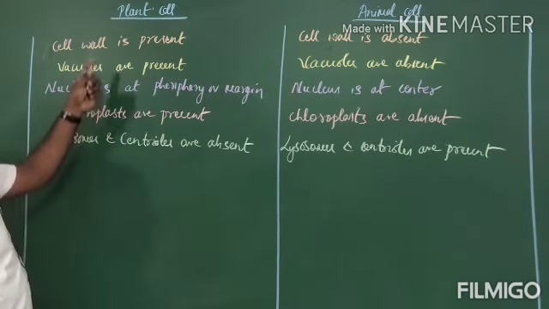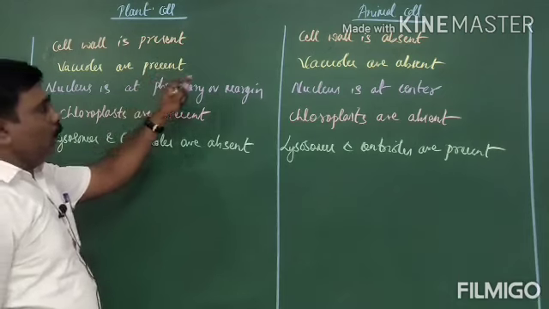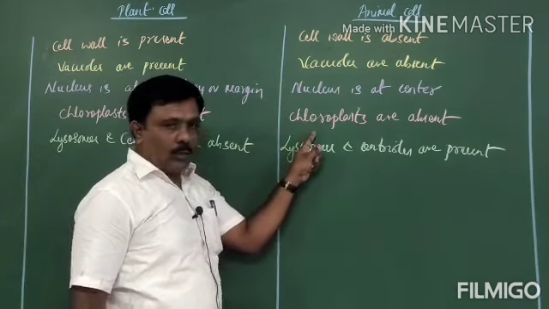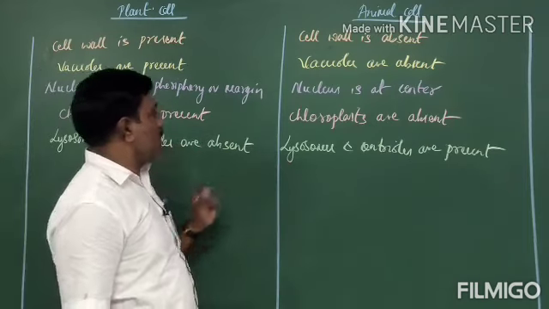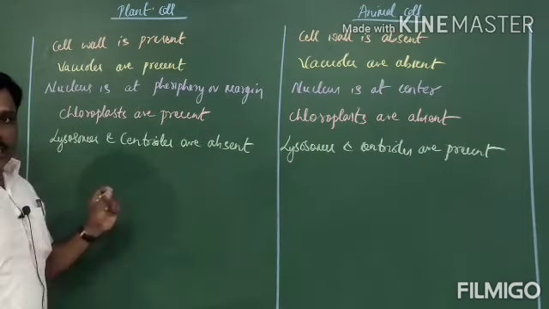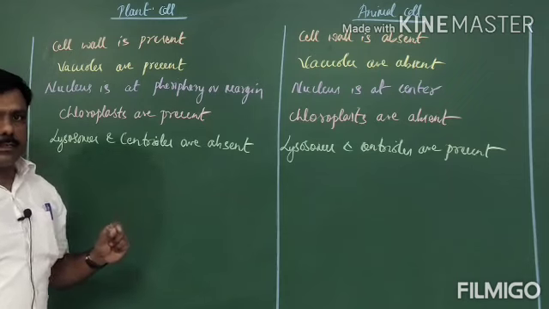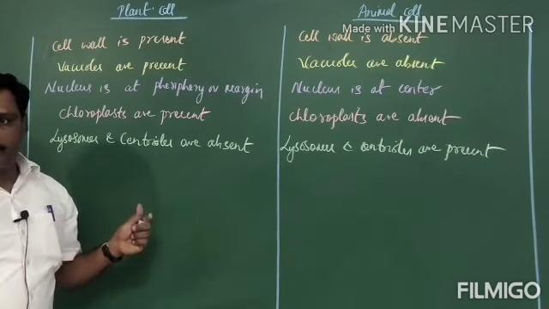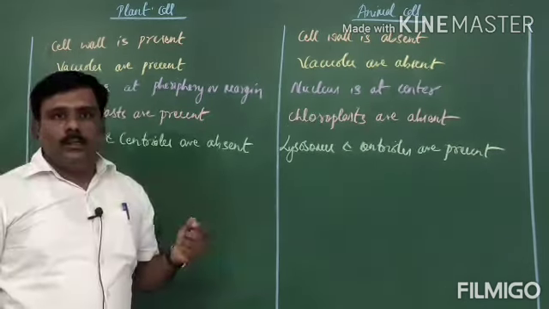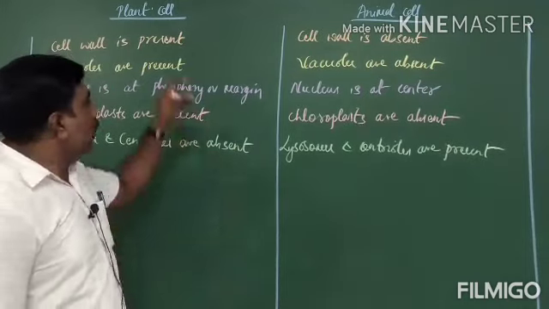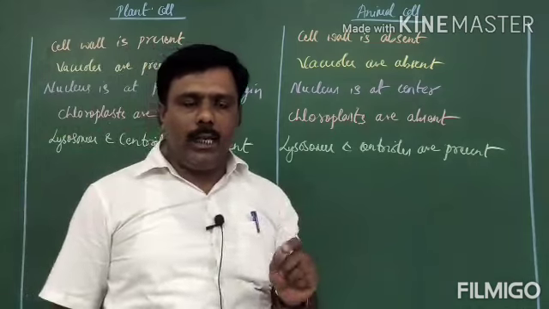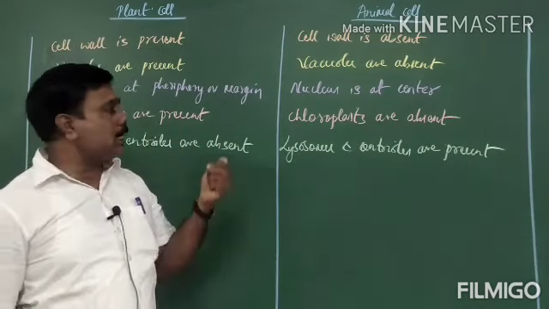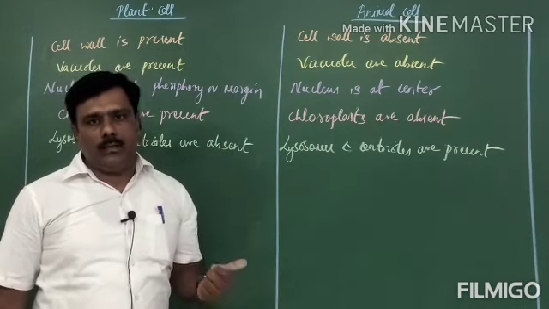The differences are: cell wall, vacuole, nucleus, chloroplast, then lysosomes, right? These are the five most important differences between plant and animal cells.